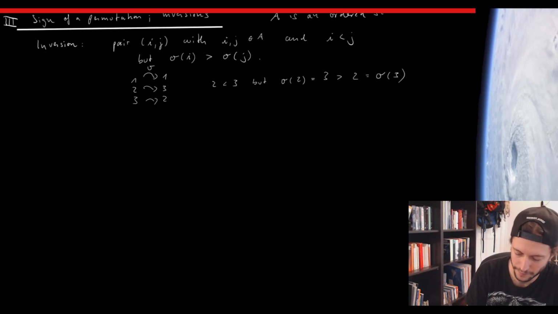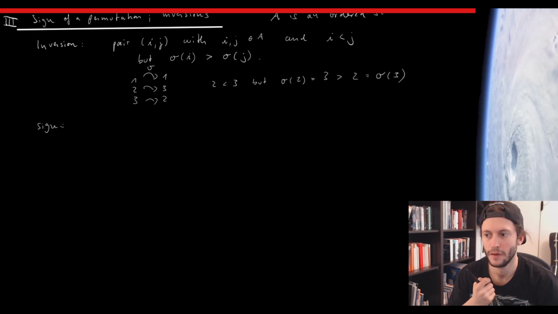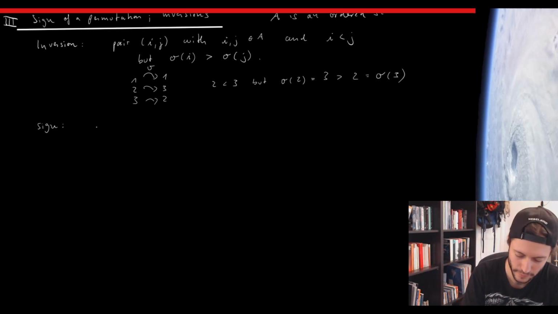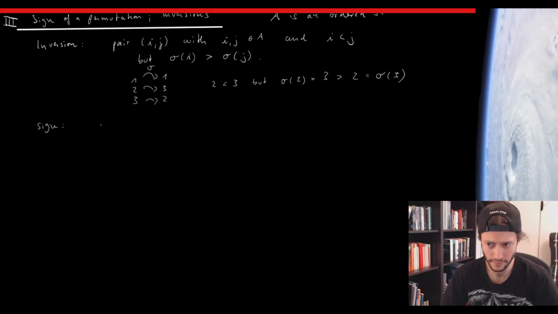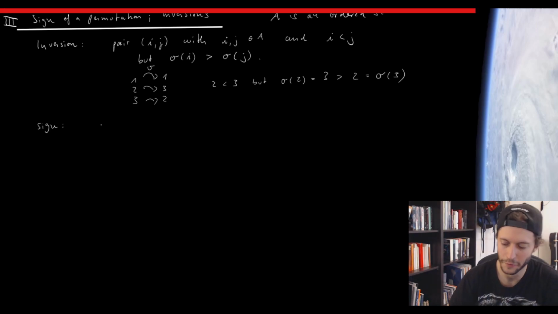Nothing fancy about it. Let's talk about the sign. So the sign is basically, as the name says, plus and minus. So we can assign a sign to permutations on ordered sets. How do we do that?